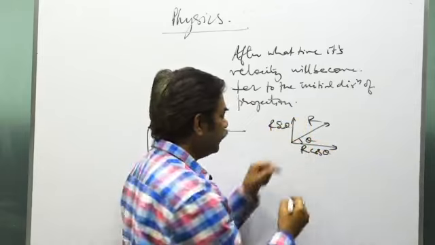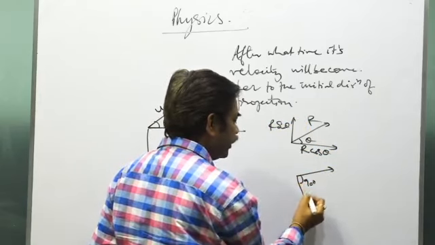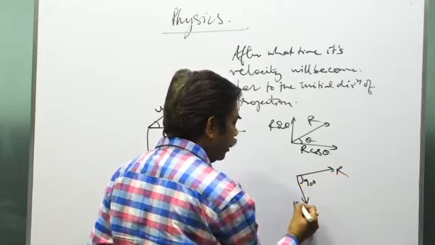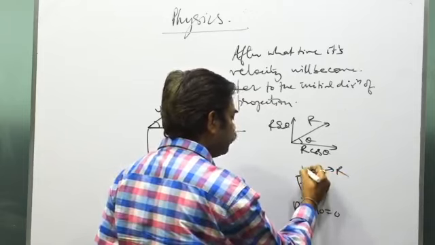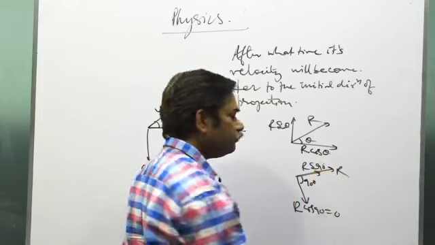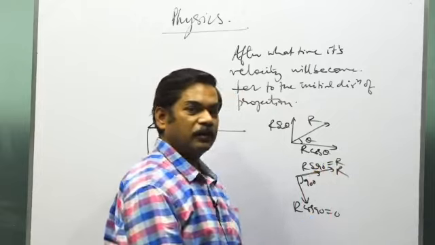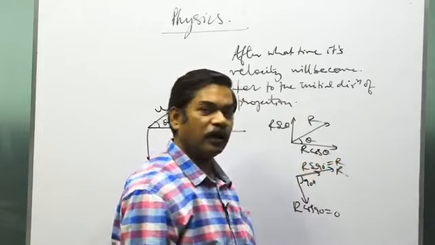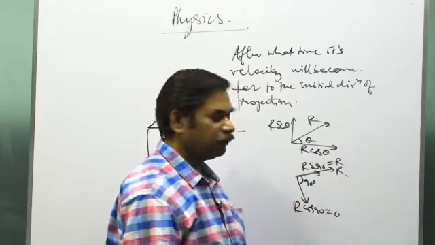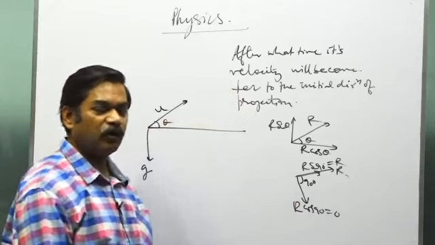So if I find a component of a vector R in a direction making an angle 90 degrees from it, it is R cos 90, which becomes 0, and in this direction it is R sin 90, that is R. Like if one component is along the original vector, that obviously should be R. So the other component in the perpendicular direction will be 0.